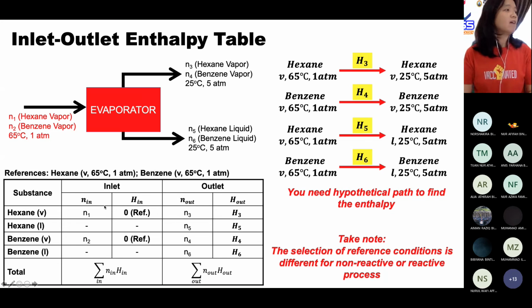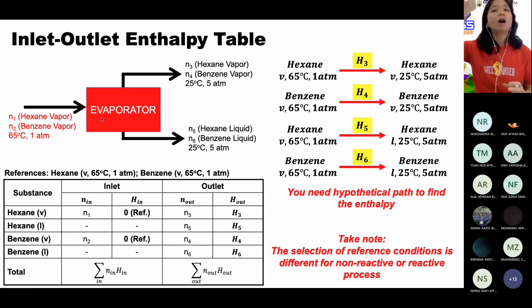You do molar flow rate N1 darab dengan enthalpy 1. In this case, so happen enthalpy 1 ni 0 kan? So N1 darab 0, 0. Plus N2 darab dengan 0, again 0, right? So enthalpy in is actually 0 in this example. Okay, just because sebab saya pilih reference condition sama dengan inlet condition.